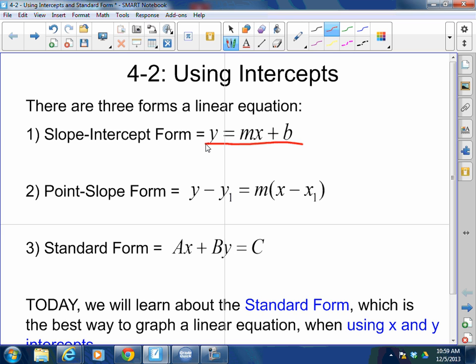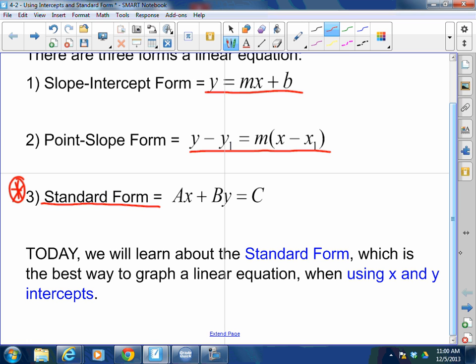You have the point-slope form, which is y minus y1 equals m times x minus x1. And then today, we're going to learn about standard form, which is ax plus by equals c.